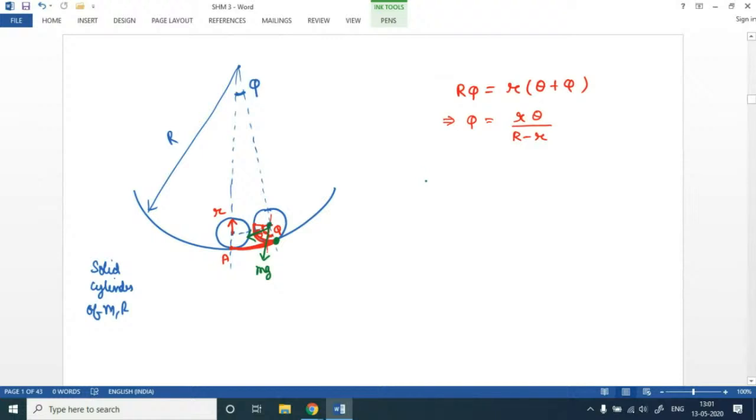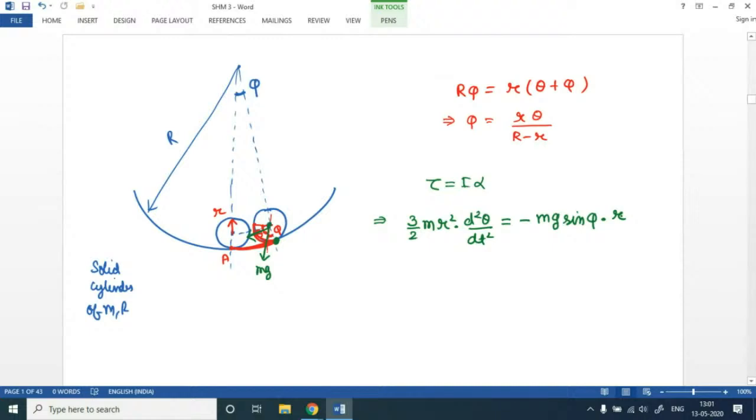So when we will be writing the equation of torque, tau is equal to I alpha. So I, you should realize, about point P for the cylinder would be nothing but 3 by 2 m small r square, into alpha, which would be d2 theta by dt square, and that would be equal to the restoring torque, which would be minus mg sine phi, that is the tangential component of force, and its arm is nothing but small r over here.